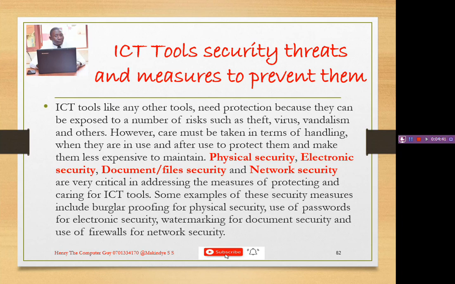That is document security. And lastly, the use of a firewall for network security. What is a firewall? A firewall is specifically software or hardware that can limit unauthorized access to our computer or network. It prevents someone from accessing your network without your consent.